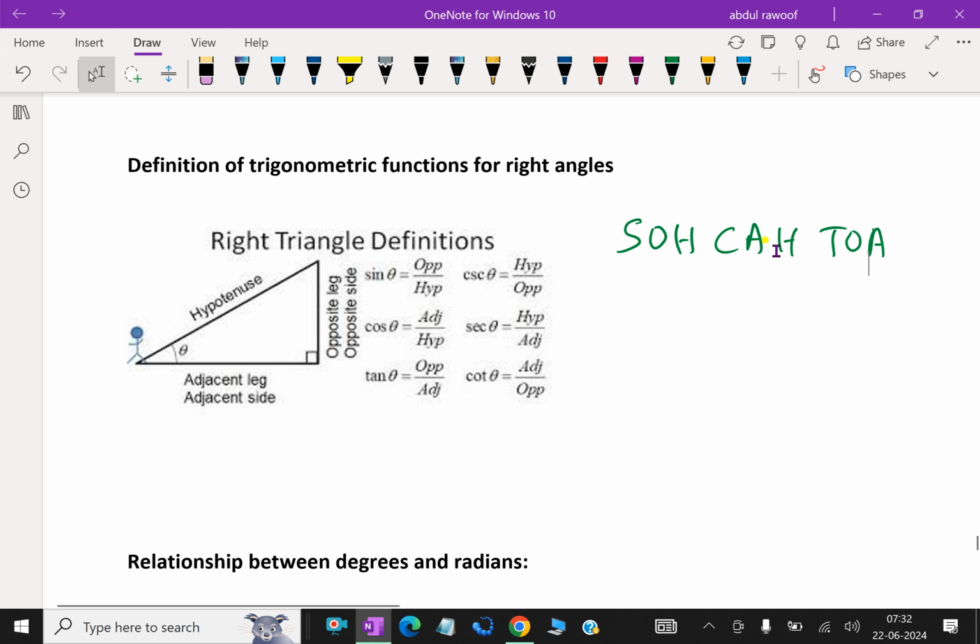Cos is adjacent by hypotenuse. Tan is opposite by adjacent. From the slogan, you can also find the reciprocals. Sine's reciprocal is cosecant, that is hypotenuse over opposite. This is an easier way to remember these relations. It's also important. The basic of trigonometry is here.